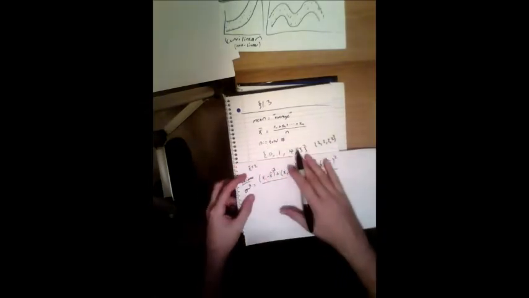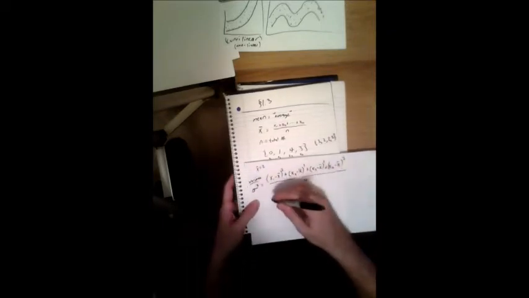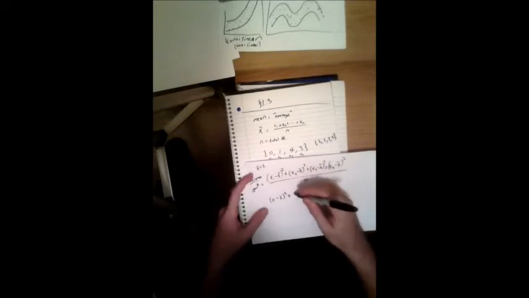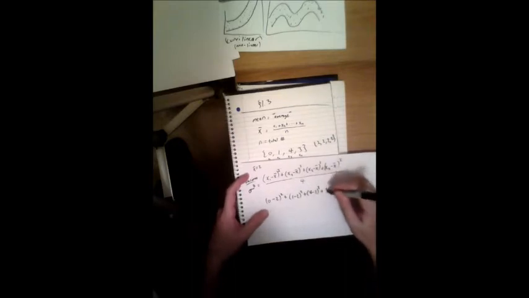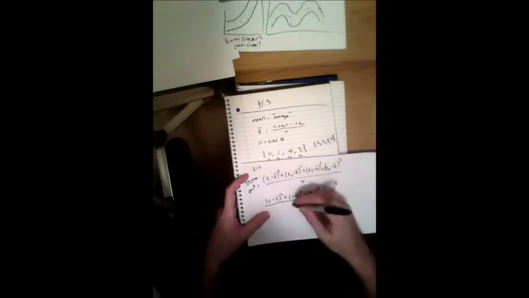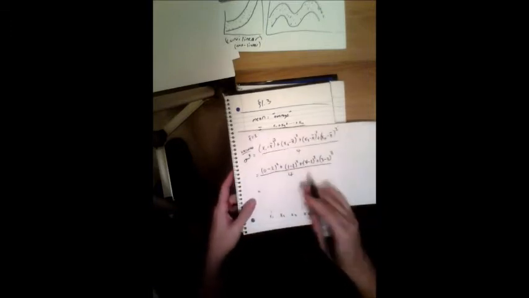Okay, so again, recall the mean was 2. We found all of these things on the side here, right? 0 minus 2 squared plus 1 minus 2 squared plus 4 minus 2 squared, and then plus 3 minus 2 squared, all over 4. Alright, so what do we get?